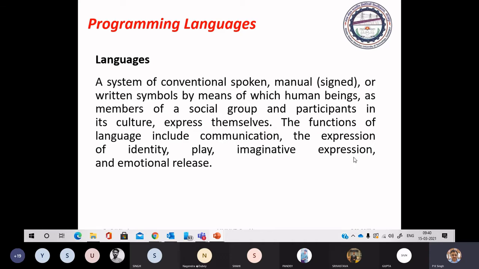So this is the language: a system of conversational, spoken, manual or written symbols by means of which human beings, as members of a social group and participants in its culture, express themselves.